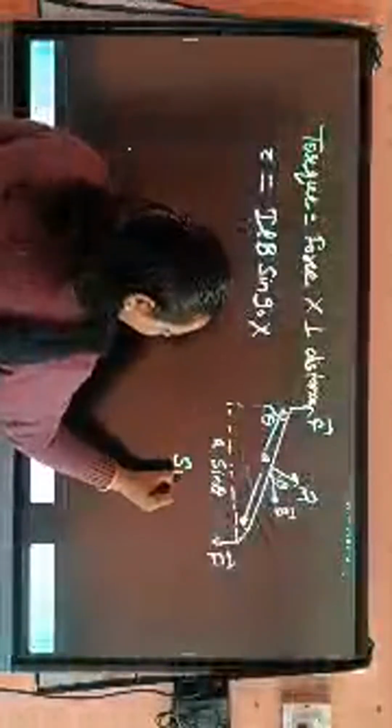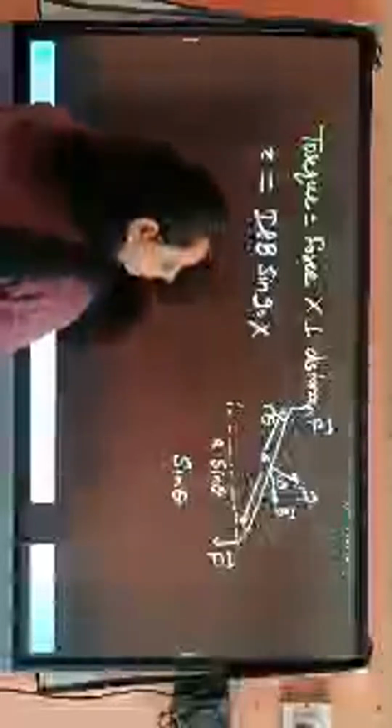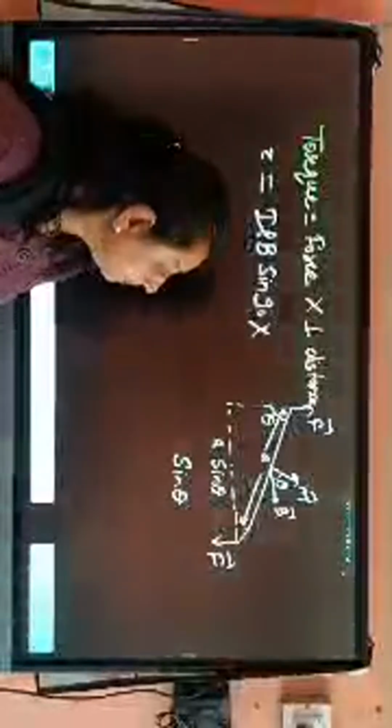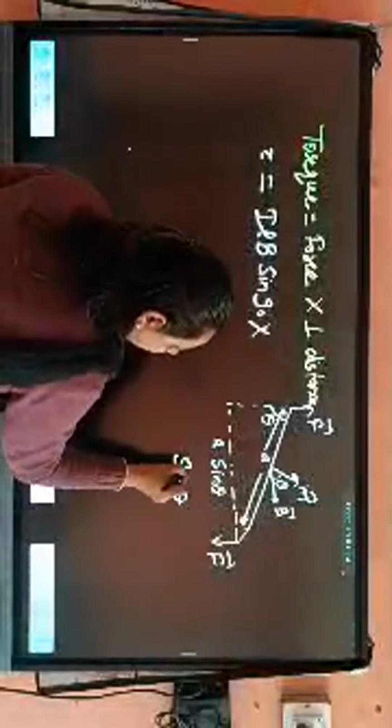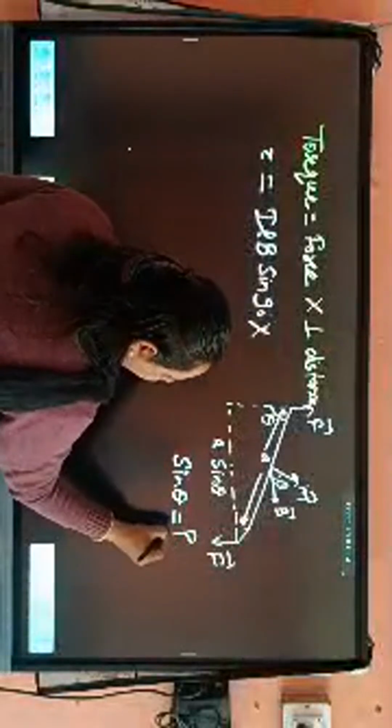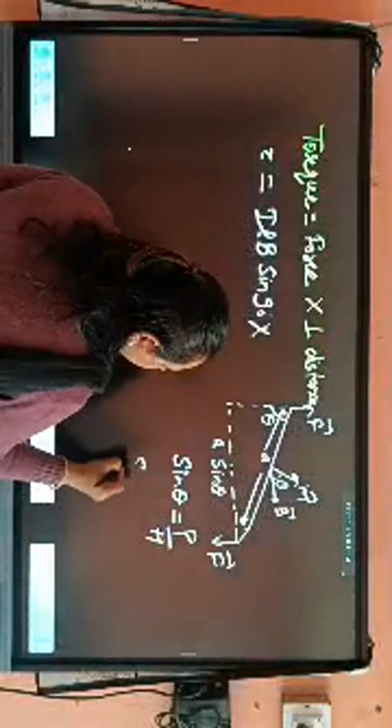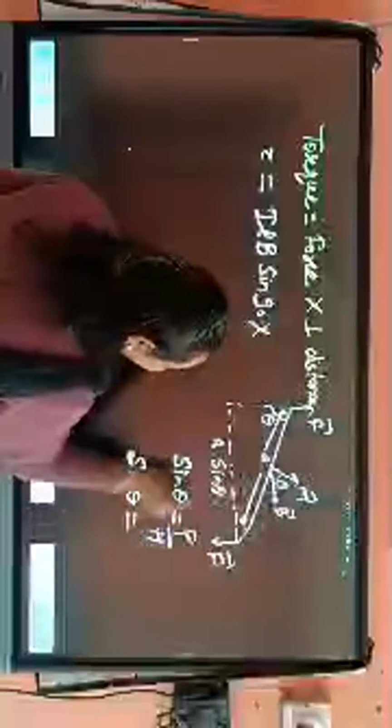So in this triangle find sin theta. Name the triangle ABC or whatever. Now find the angle sin theta. So sin theta is equal to perpendicular over hypotenuse.